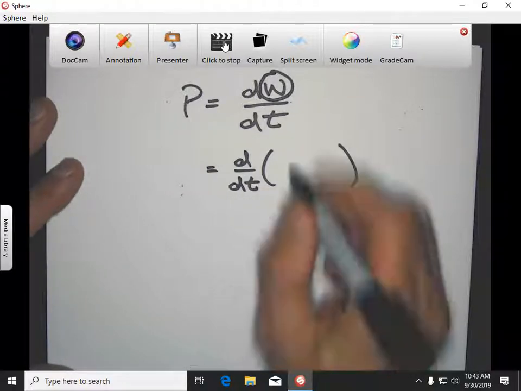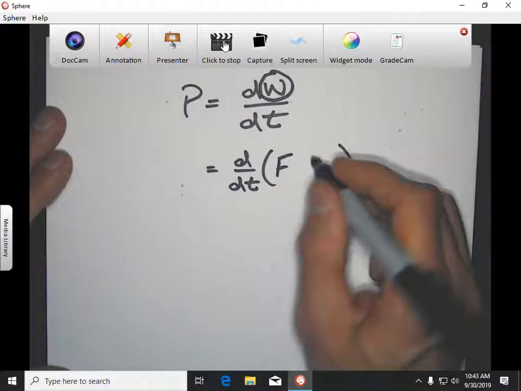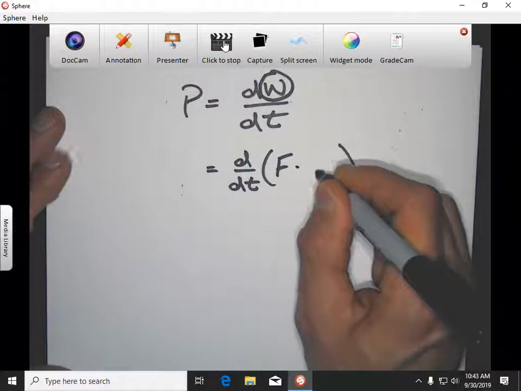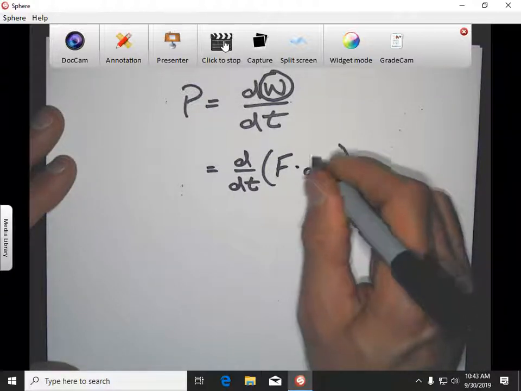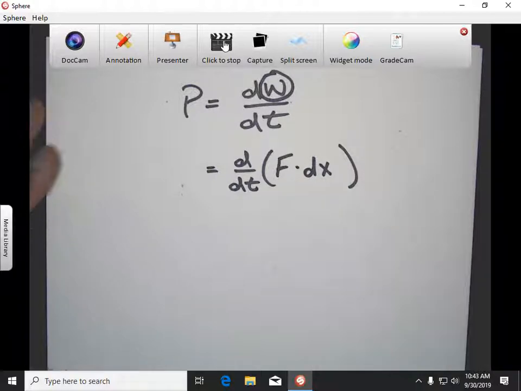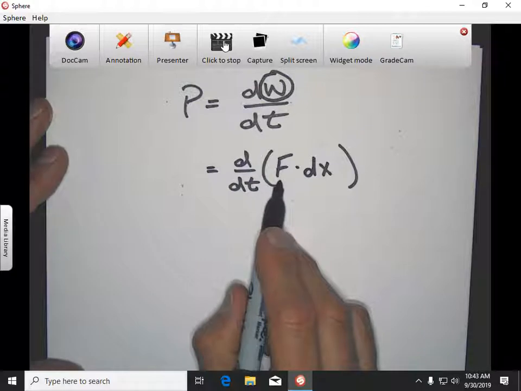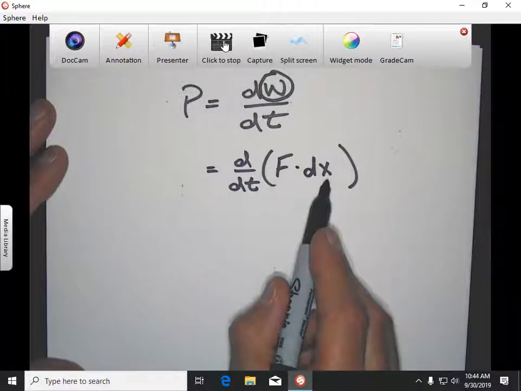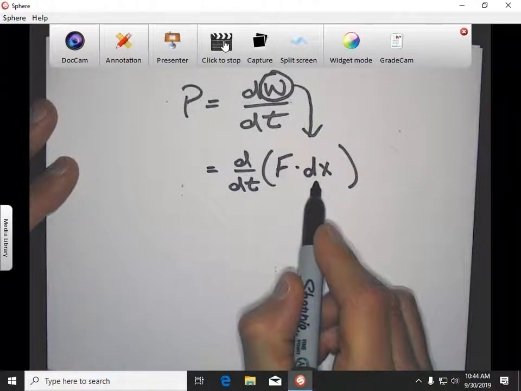But work is really just going to be force times kind of your displacement, right? So the definition of work is the dot product between force and displacement in a certain direction. So see what I did here is I'm replacing work with the definition of work that we learned at the beginning of the unit.